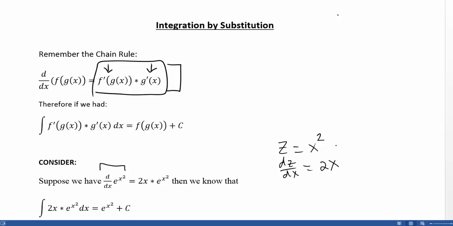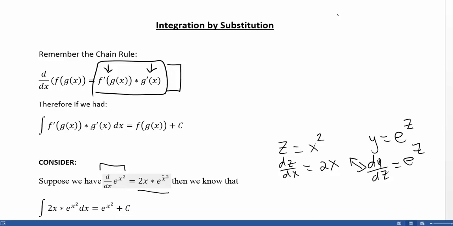And then the derivative of that was 2x. So when we did the chain rule, we rewrote our y as e to the z, and our dy dz was e to the z. So then when we multiplied our two derivatives together and plugged back in for z, we found that the derivative of e to the x squared was 2x times e to the x squared.